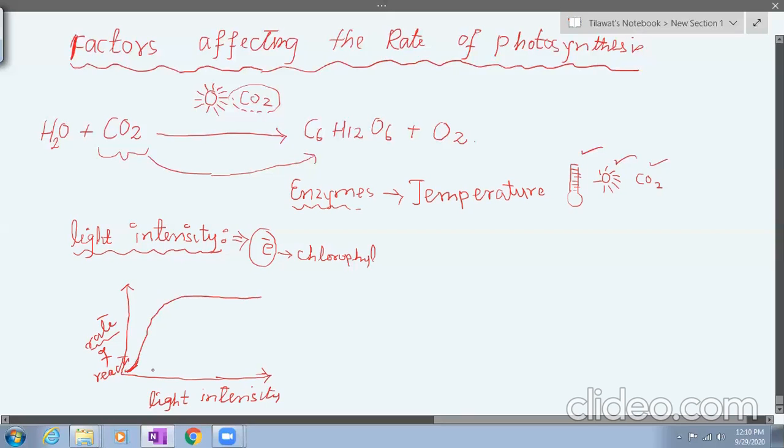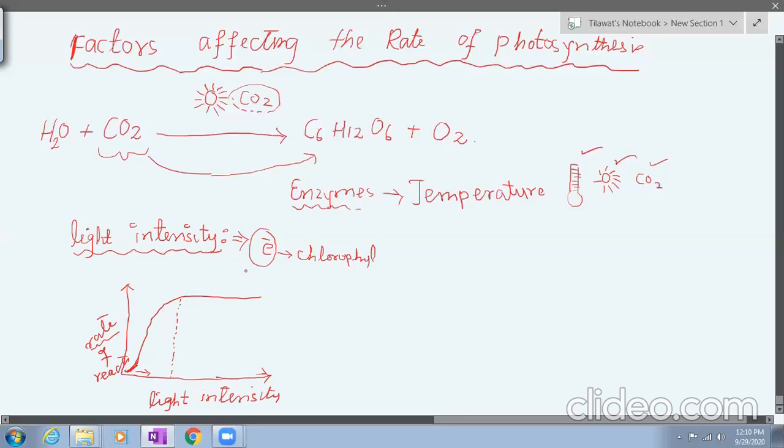If you see here, when light intensity is increasing, you check, the rate of photosynthesis is increasing. Am I clear? But a time will come when this graph becomes flat. It becomes straight. Why? I'm still increasing the light intensity and there is no effect on the rate of photosynthesis.